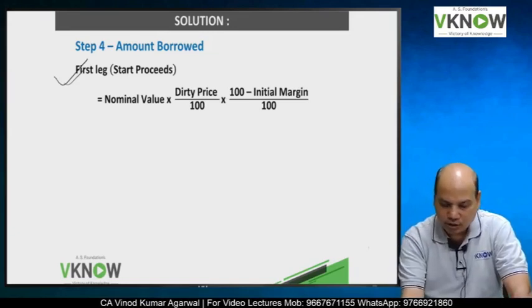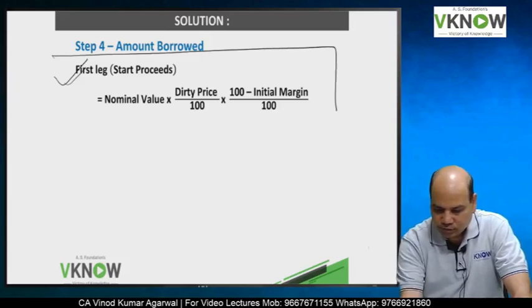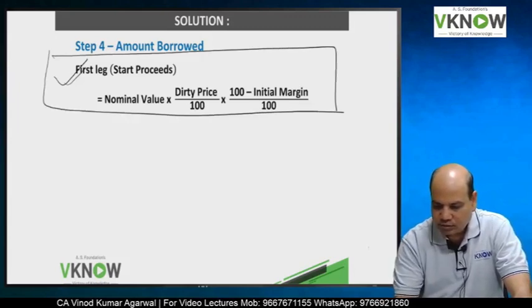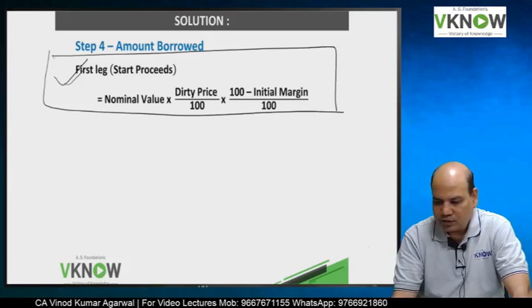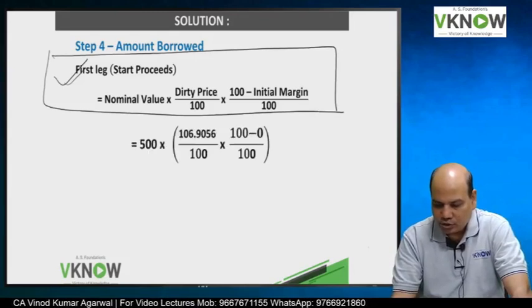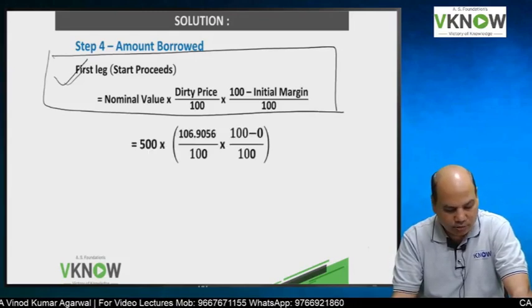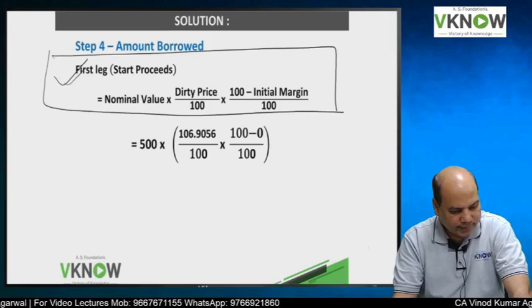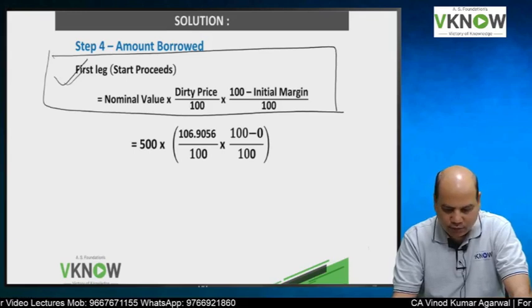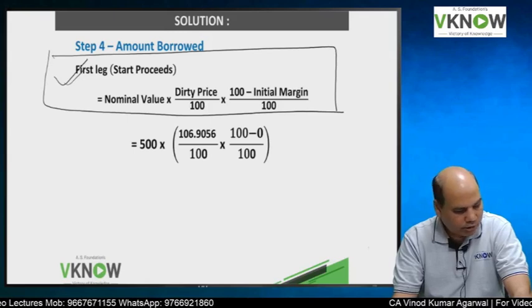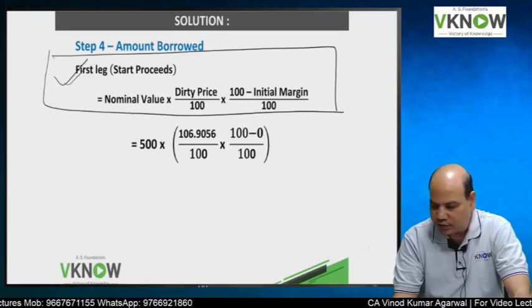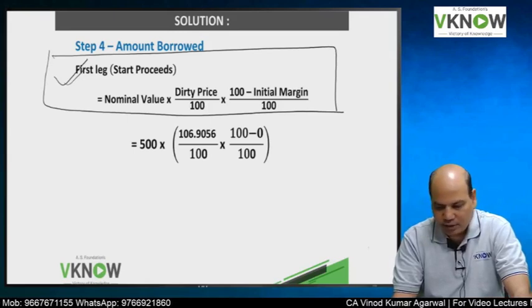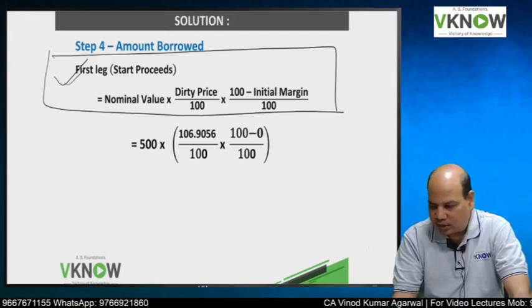Write down the full formula. Whatever is not given, take it 0. Initial margin is not given, take it 0. So the answer is, your nominal amount is 500 into 106.9056 divided by 100 into 100 minus 0 upon 100.